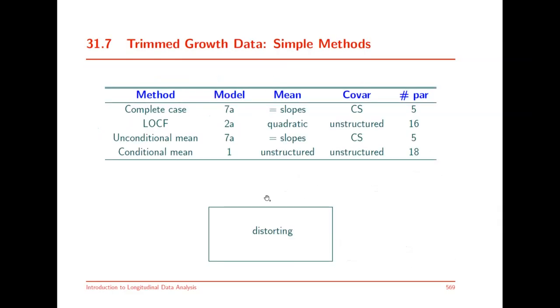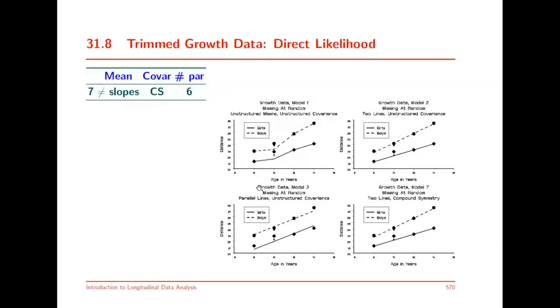Okay. If we look at the trimmed data set, sometimes we say the 1987 version, we see that whatever simple method we use, it goes all over the place. So forget about it. These are a set of techniques we should not use. If we use direct likelihood, though, we still get the same model as before.